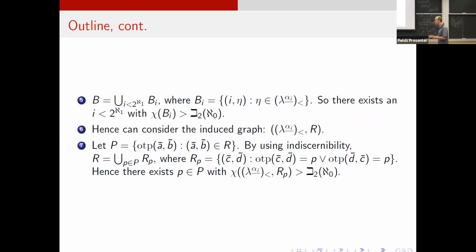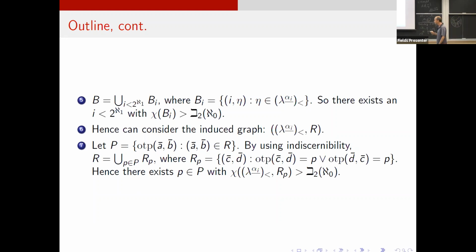And now it is a purely combinatorial question. We have a graph on infinite sequences, and we know exactly what the edge relation is: two sequences are connected by an edge if and only if they have a certain order type.